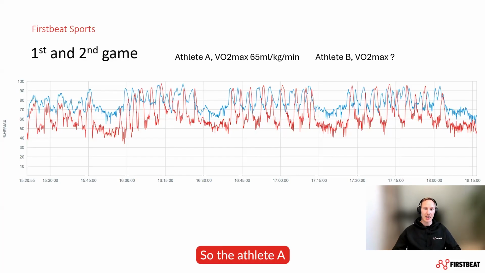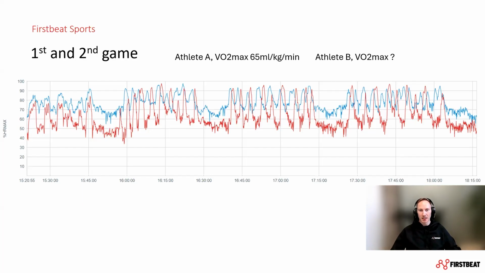So the athlete A had a VO2 max of 65 milliliters per kilogram per minute, and for the athlete B, it was unknown. When we look at the first game heart rate chart, we can clearly see that the red athlete, so athlete A, is clearly recovering better between the shifts than the athlete B, the blue athlete in this case.